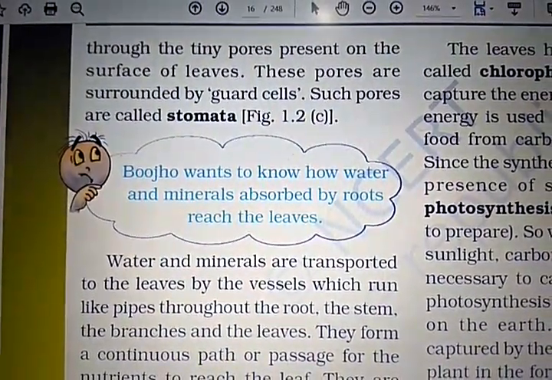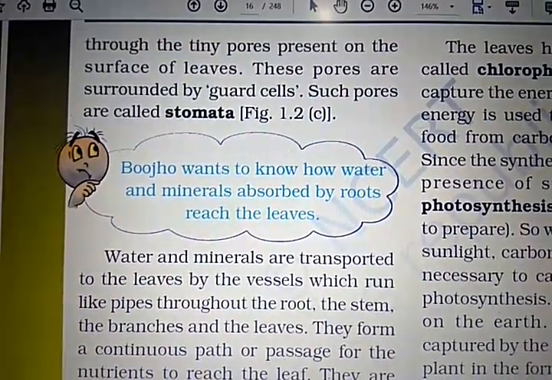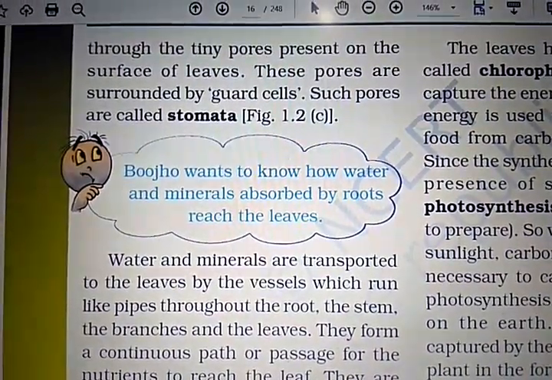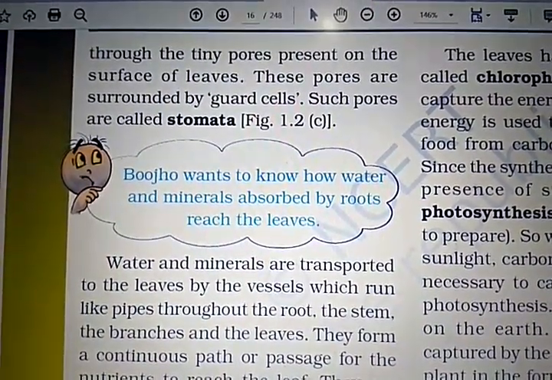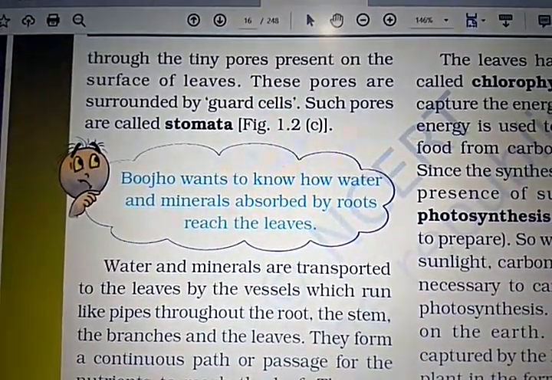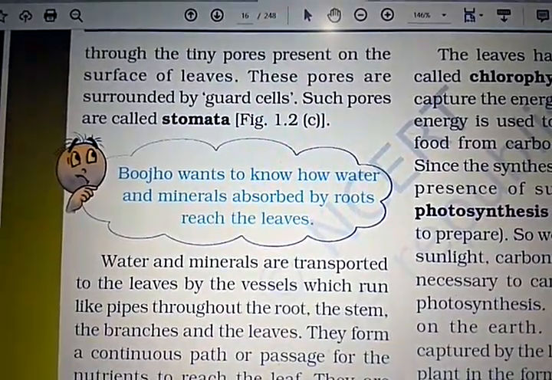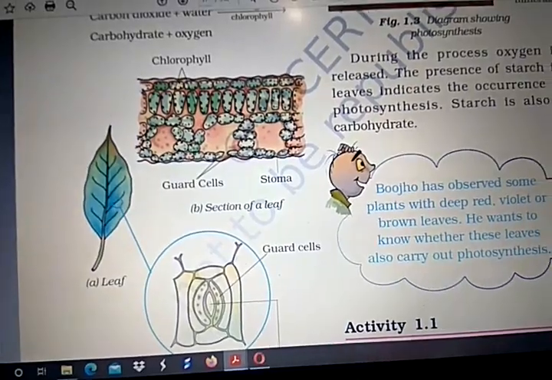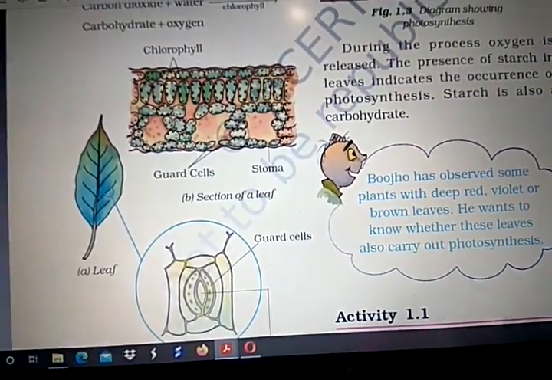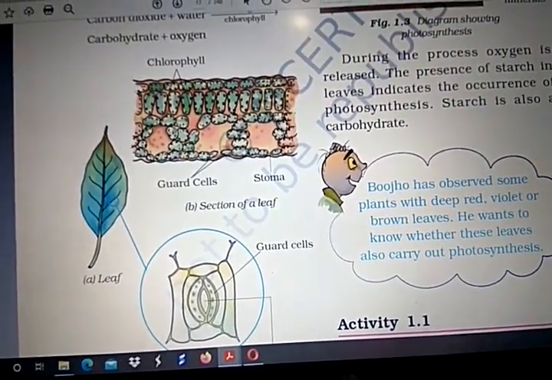The tiny pores are surrounded by guard cells. Such pores are called stomata. Do you know stomata? Have you seen the figure of stomata? Here you can see, dear students, this is the cross section of a leaf.